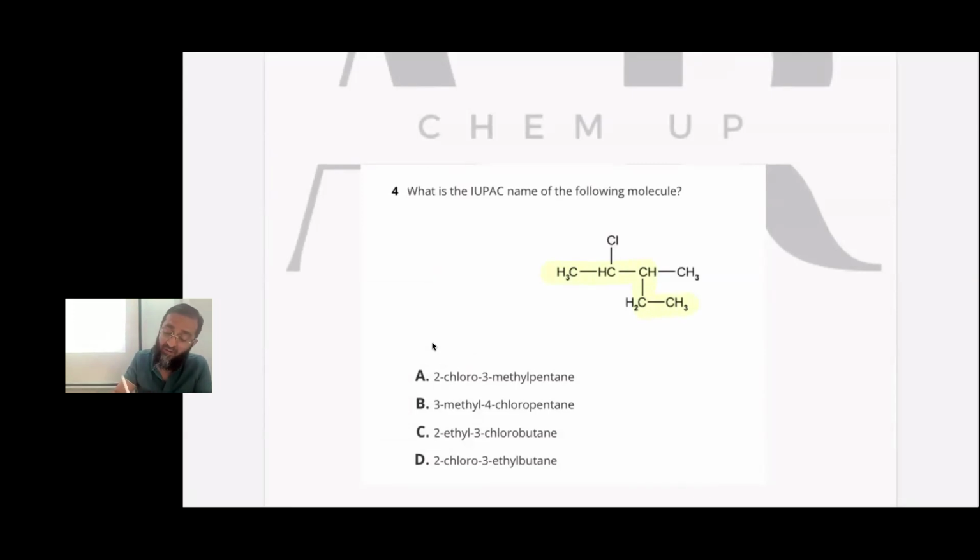Now, when you number it, you will number it from the left, because the functional group is closer. 1, 2, 3, 4, 5. So it's 2-chloro, 3-methyl, pentane. A is the correct answer.